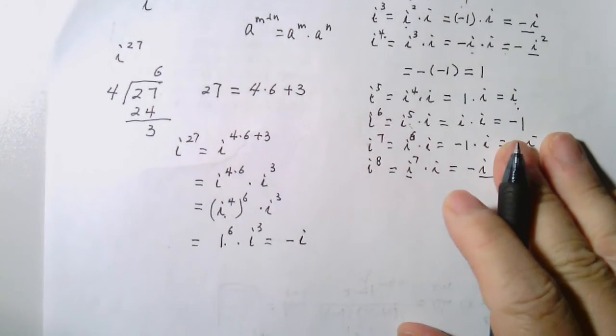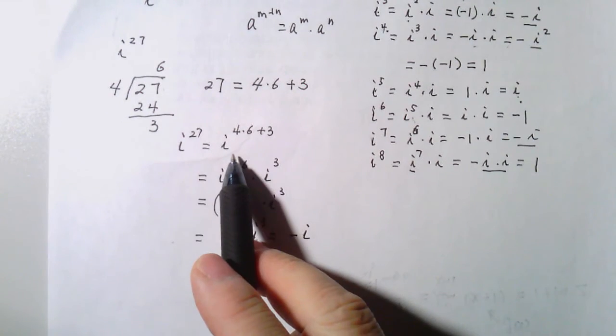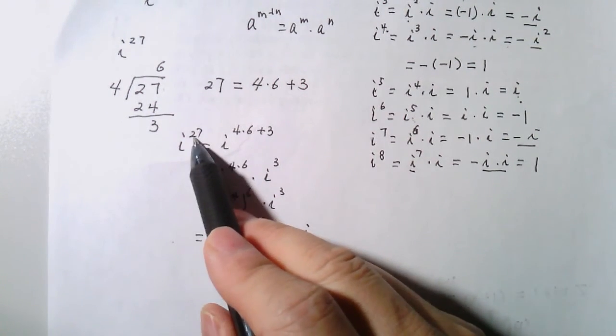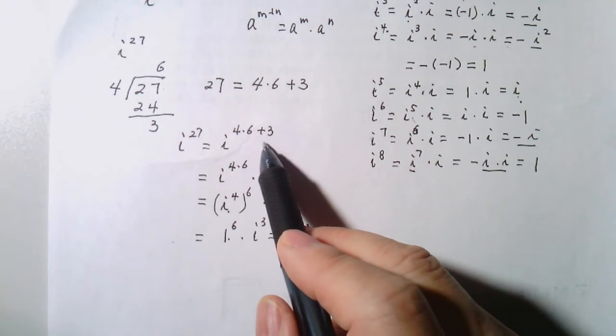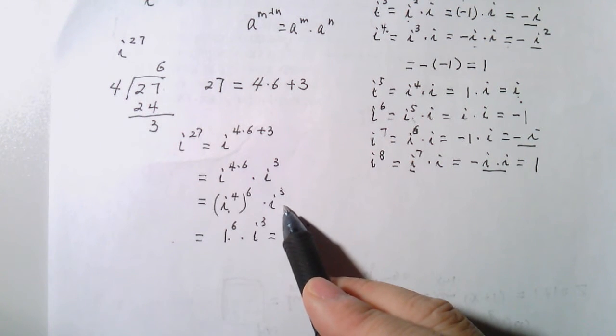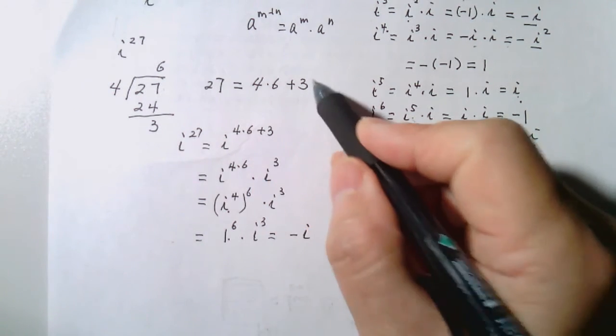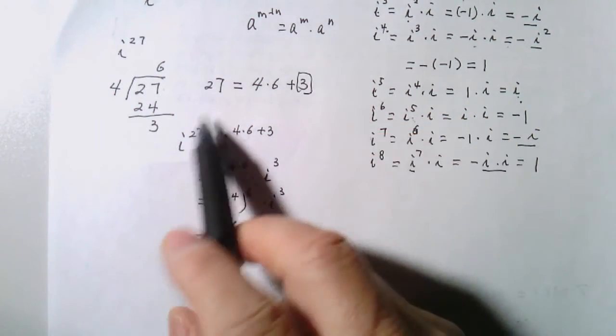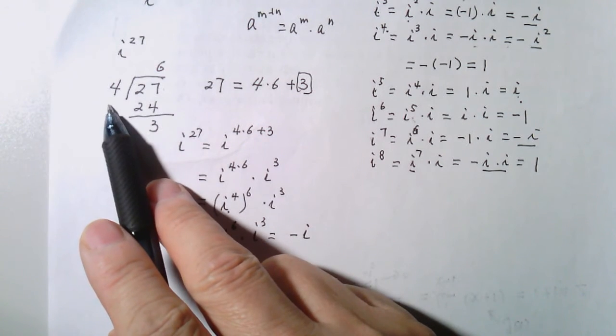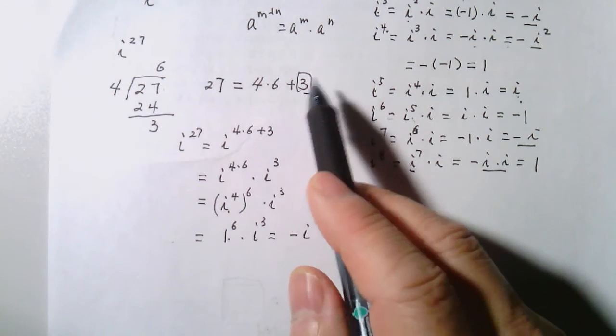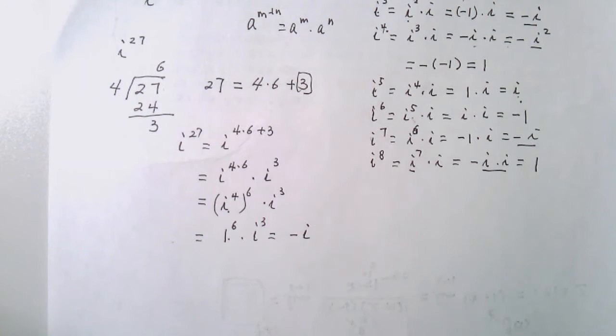So basically, when you have a problem like this, i to the 27th is the same as i raised to the third. All you need to look at is the remainder when you divide the exponent by 4; you only need to look at i raised to the remainder's power.